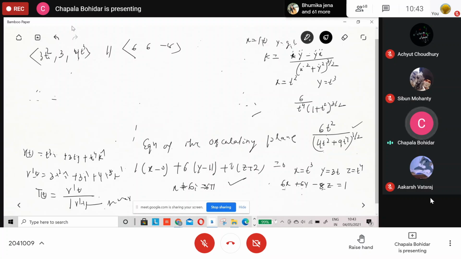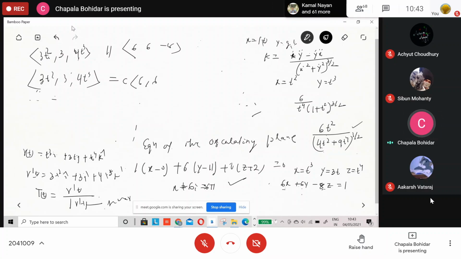Both are the normal to the normal plane. So if both are parallel, I can write 3T square, 3, 4T cube is equal to some scalar multiple of this value. Let us consider the scalar multiple as c.